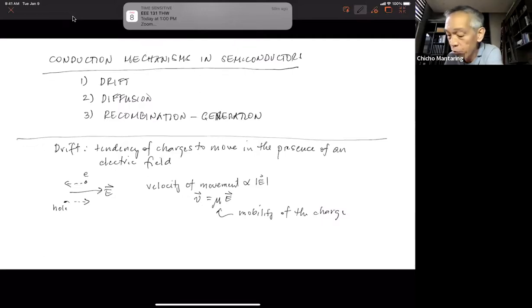So the actual movement might be this way. But still there will be a net movement, and this is actually a net velocity. That is equal to mu times E, where mu is the mobility of the charge.